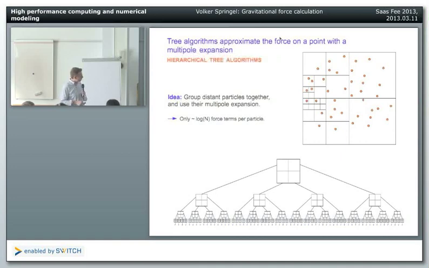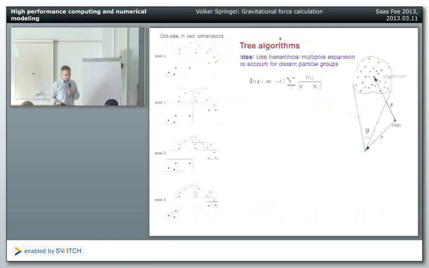Then you end up at the leaf cell. And the tree is then this structure, where you have a root node, say here, and this has 4 daughter nodes, and so on and so on, and down here the leaves of the tree hang off.